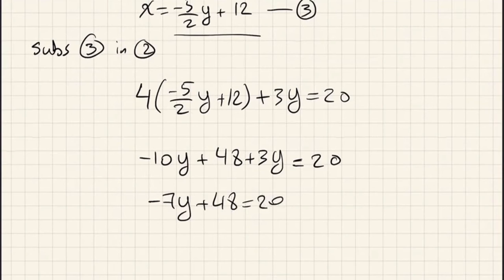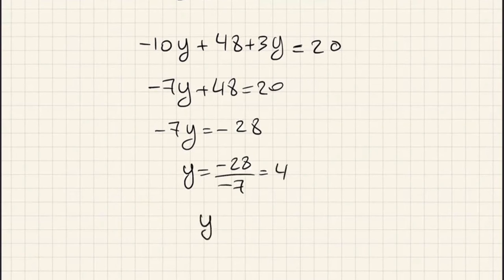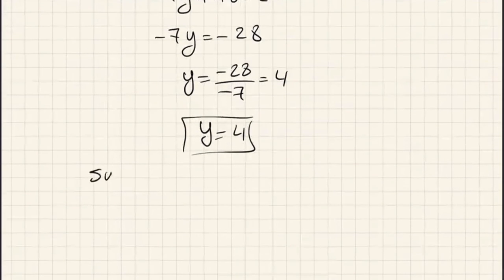Shift 48 to the other side, it will go as negative 48. So negative 7y equals negative 48 plus 20, negative 28. Then divide by negative 7, so y equals negative 28 over negative 7, which equals 4. So y equals 4. Now I have to get x. What do I have to do? Substitute directly, without thinking, y equals 4 in 3, it's automatic.